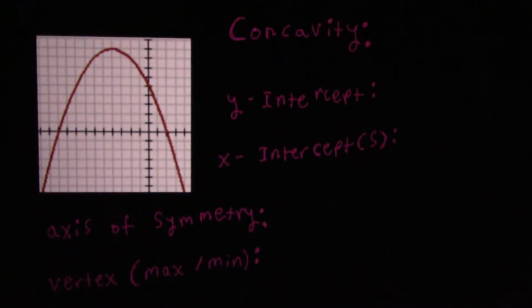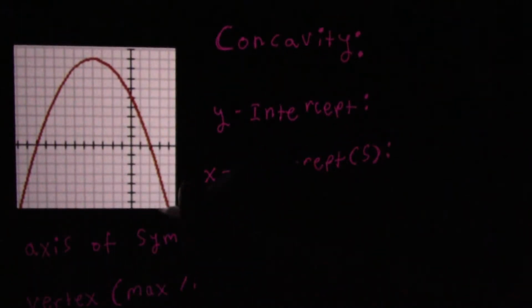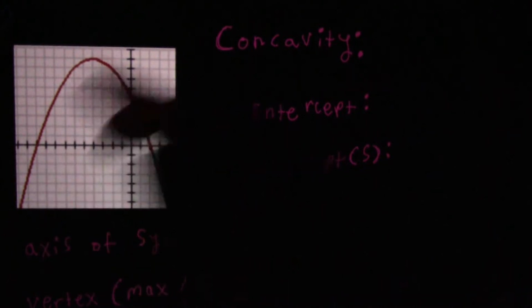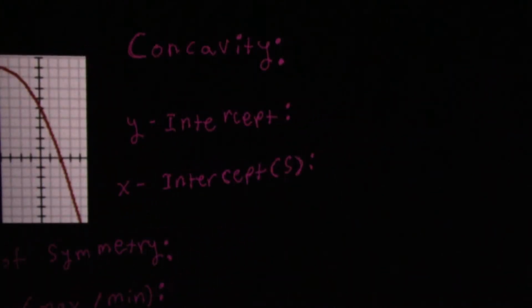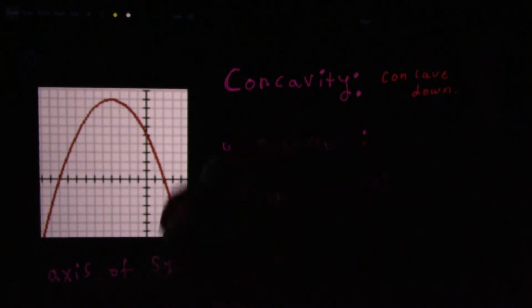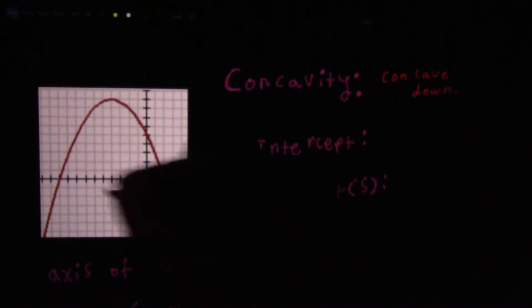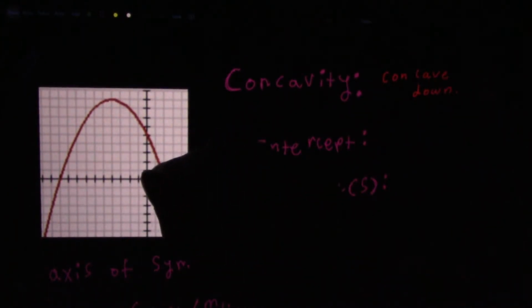Let's try this one. Just by looking at it, this parabola is going down, so we can say that this is concave down. Now let's look at the y-intercept. Again, when x is 0, what is the value of y?